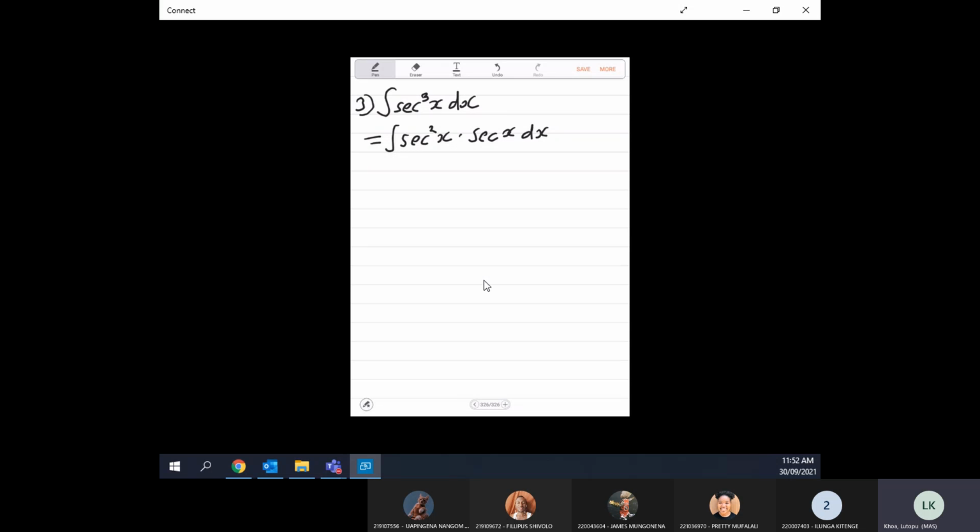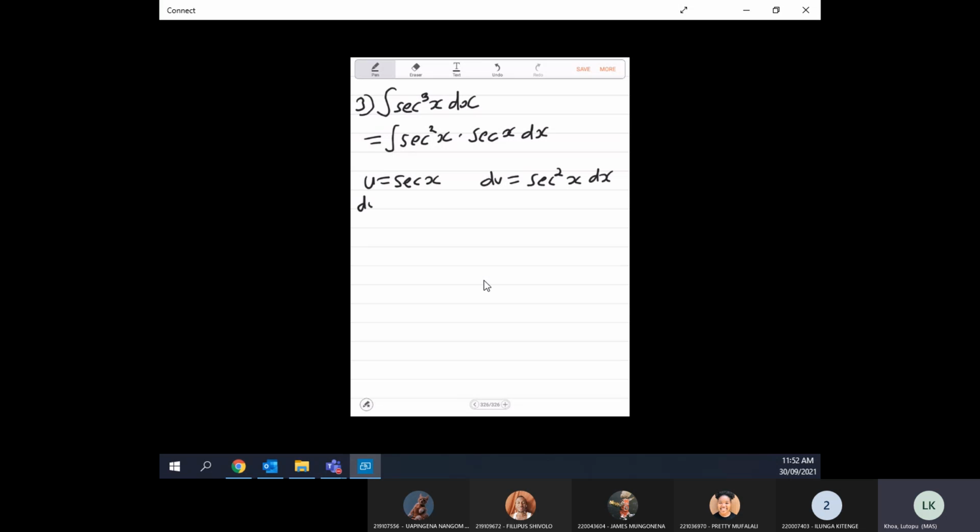Then we want to use integration by parts, so we need to pick our u and our dv. So u is going to be sec x, and then dv is sec squared x dx.